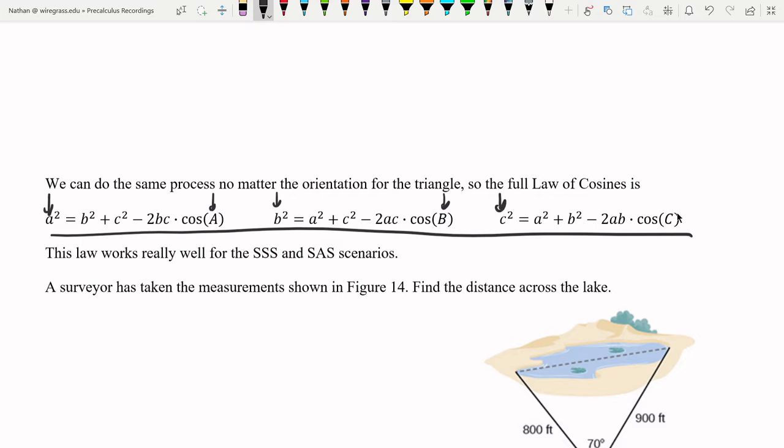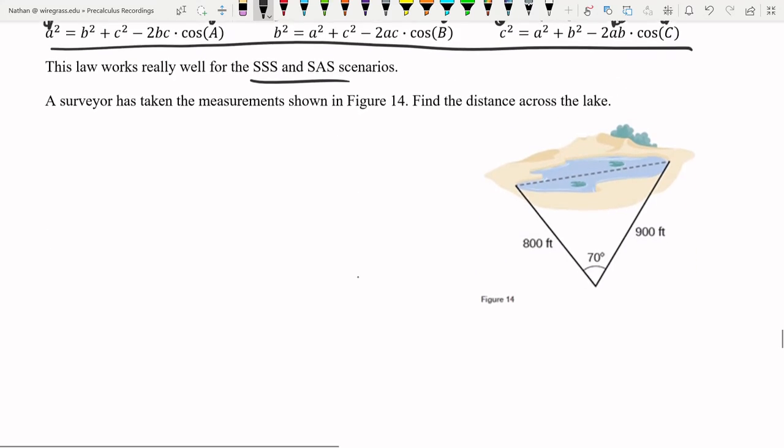If c is there, then c is going to be inside there. And you always have a squared, b squared and then 2ab, or a squared, c squared, 2ac, or b squared, c squared, 2bc. That's the idea for the law of cosines. And these work very, very well for side-side-side and side-angle-side scenarios.